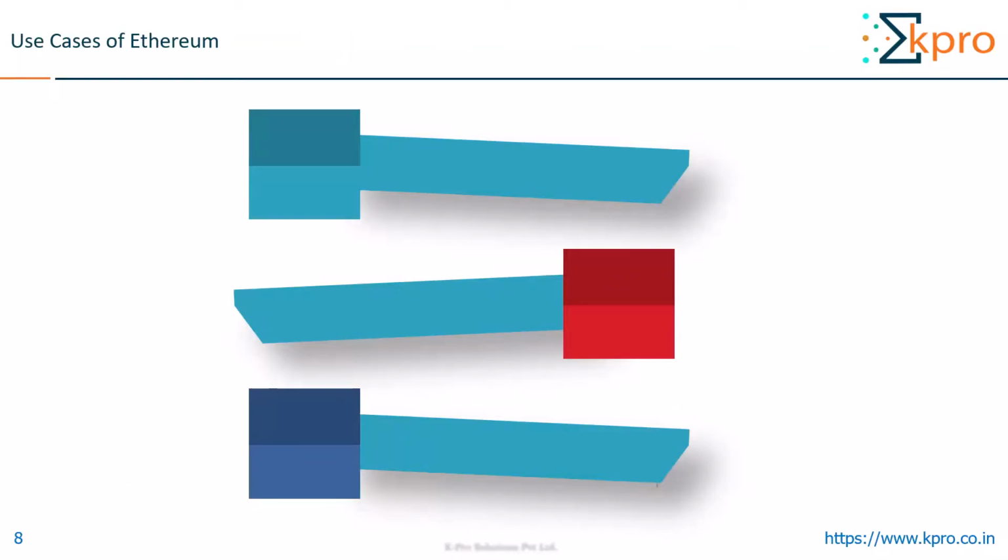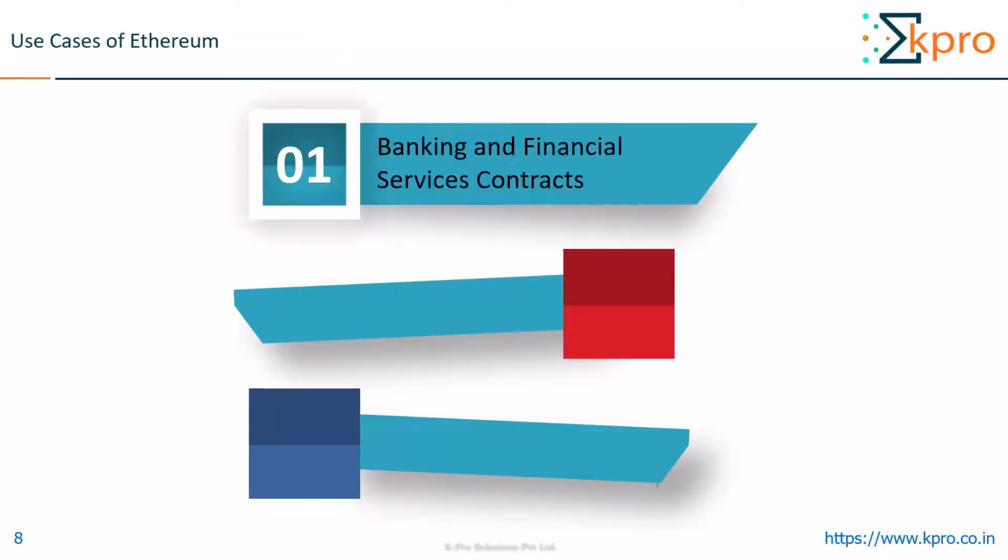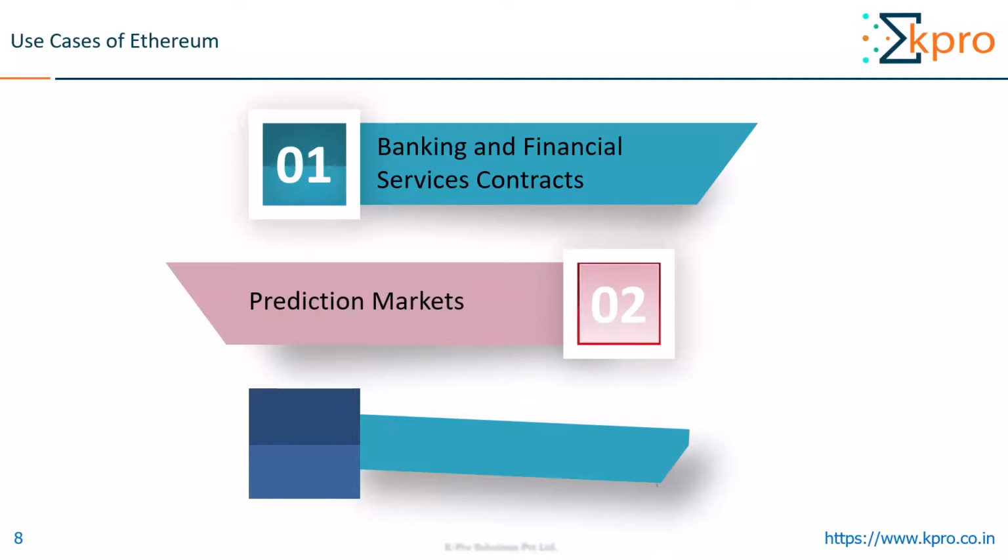Next, let us see a few use cases of Ethereum. The first one is banking and financial services contracts. Smart contracts can be used in areas such as mortgages, national bonds, payments, and settlements, etc. The next one is prediction markets. So trustless smart contracts can be used in rewarding participants taking part in the prediction market if any prediction they make comes out to be true.